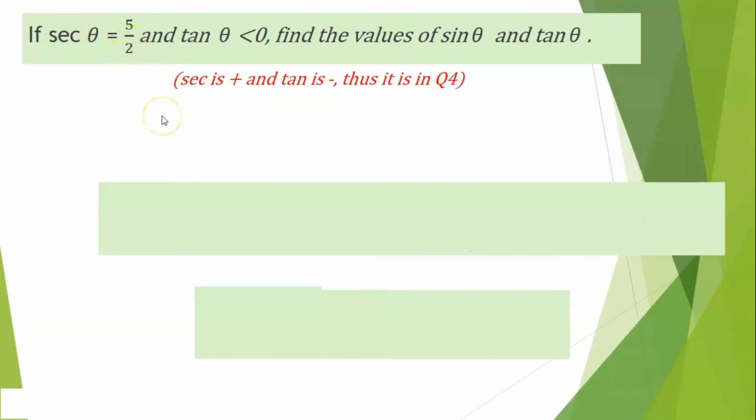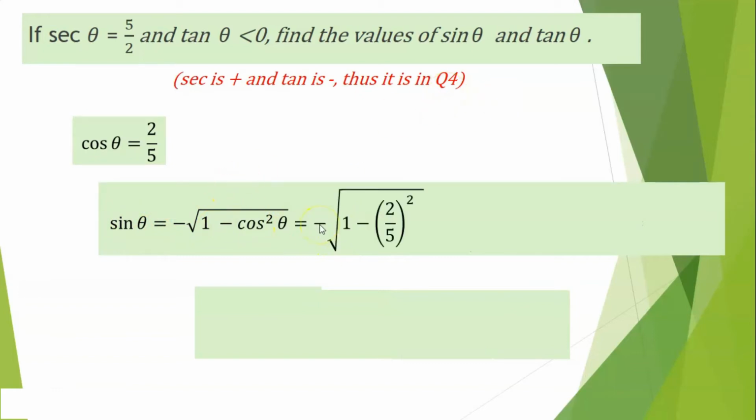So therefore, reversing that, we will have cosine as 2 over 5. Now take note, to solve for sine, we will use this. From the Pythagorean identity, we can derive this: sine theta is equal to negative square root of 1 minus cosine squared theta. So you might wonder, how come this is negative? This is negative because sine in the fourth quadrant is negative.